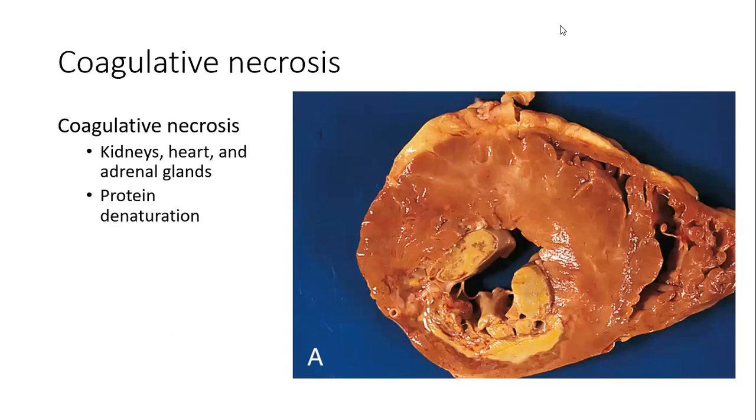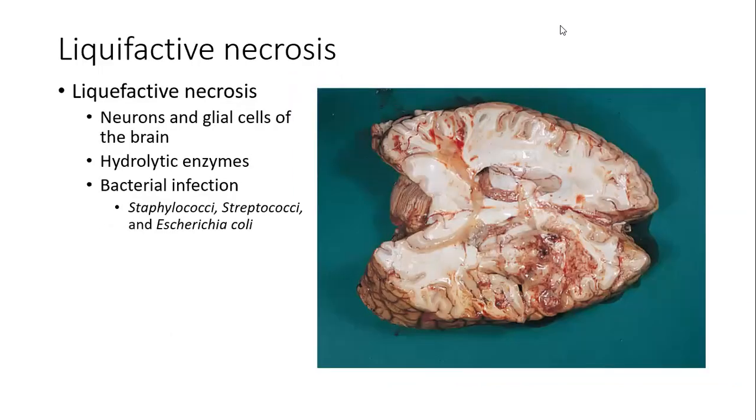This is what coagulative necrosis looks like. It's most common in the kidneys, the heart, and adrenal glands, and the necrotic material is protein denaturation. Liquefactive necrosis is more common in brain tissue.